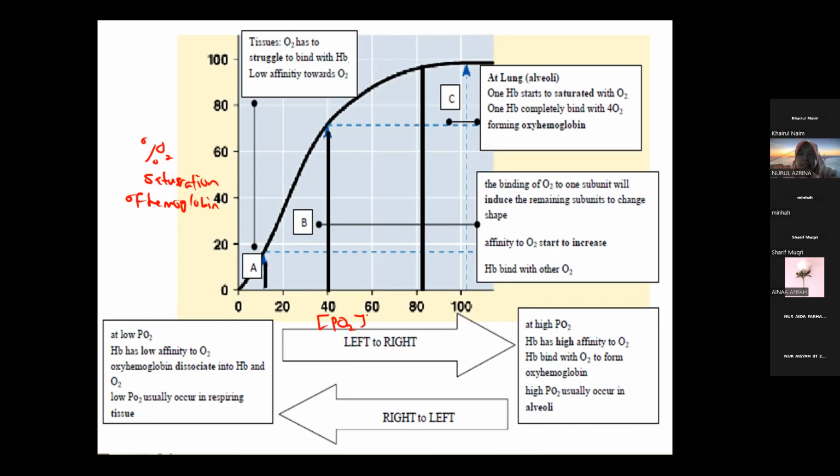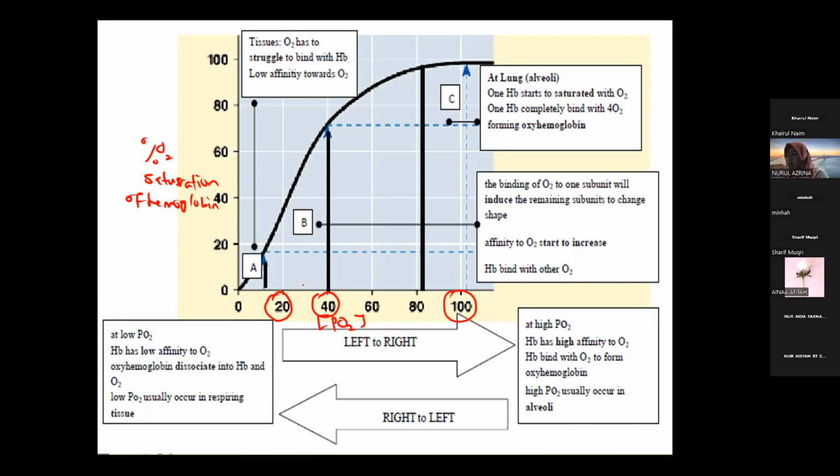Okay, yang pertama, madam nak you focus on the percentage of oxygen saturation at different partial pressures of oxygen. We focus on 3 different ranges of oxygen partial pressure. Tekanan separa oksigen pada aras laut.